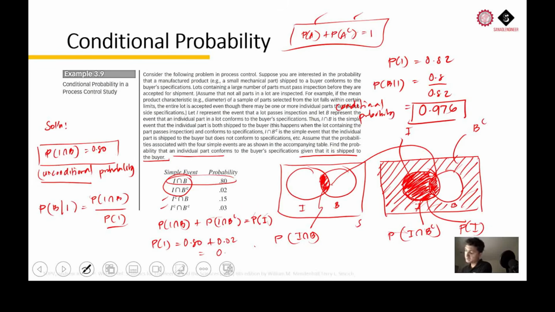Notice that the conditional probability is greater than the unconditional probability: 97.6%, and the other one is 80%. Why do you think the conditional probability is larger than the unconditional probability?